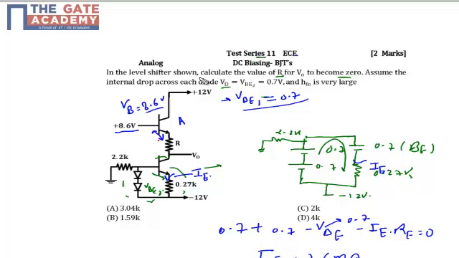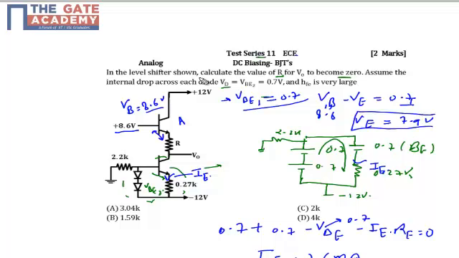So VB minus VE is equal to 0.7. I know VB is 8.6 volt, so the only unknown is VE. I can calculate VE, which comes out as 7.9 volt. So my emitter voltage is 7.9 volt.